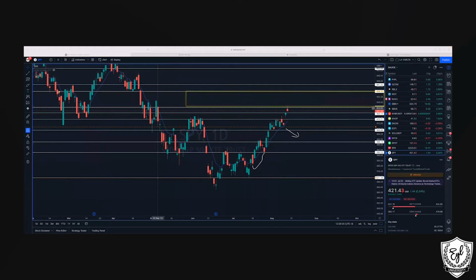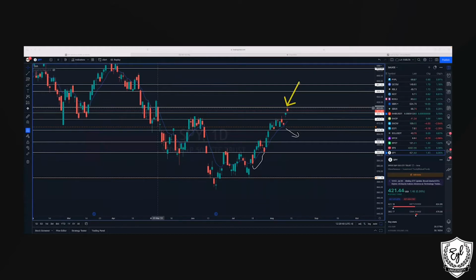And we have filled this exact same gap in the past, right? So it's critical for you to understand that the level that we have to get above is first this one, the high of day. So 424.95, aka 425, is the level that we have to get back to. And as you can see today, we had a sharp drop when it comes to this level, right? 425.